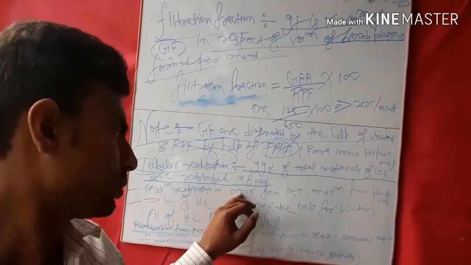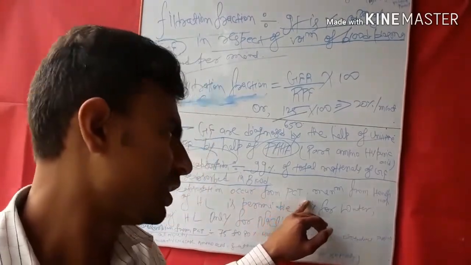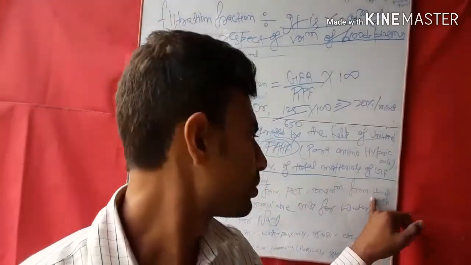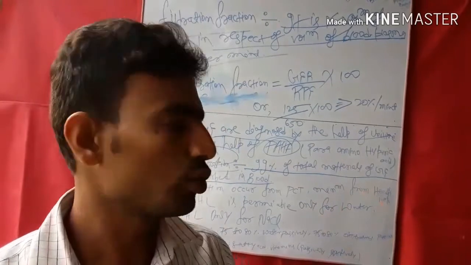So maximum reabsorption occurs from the proximal convoluted tubule and minimum reabsorption from Henle's loop.